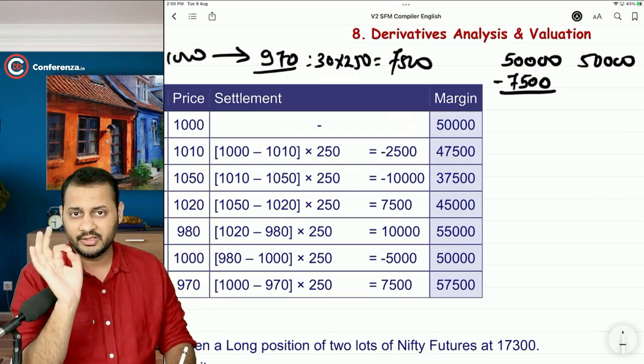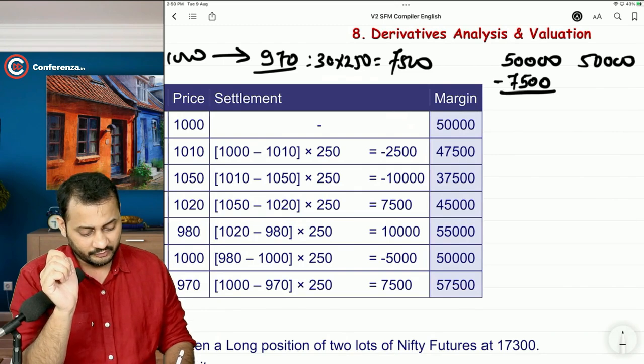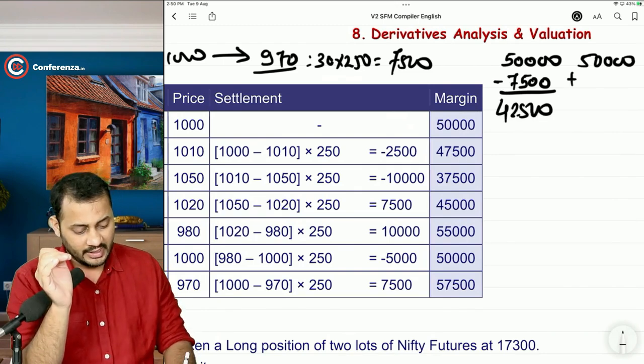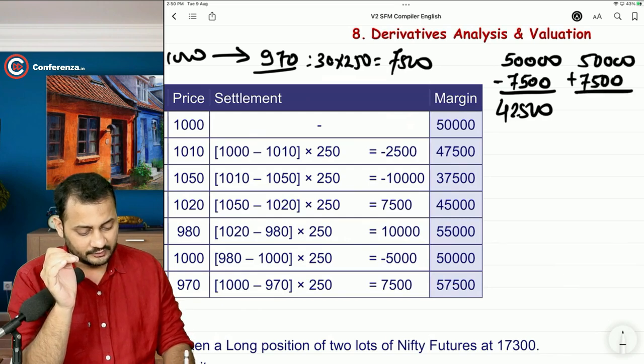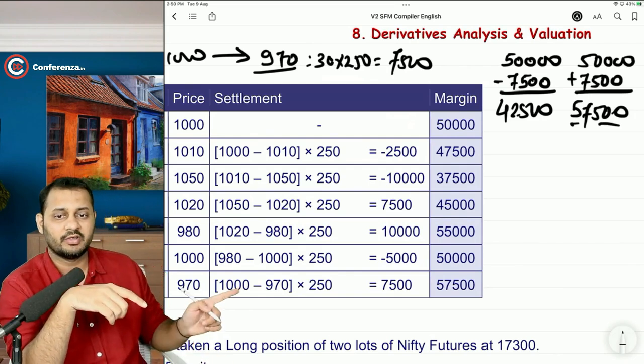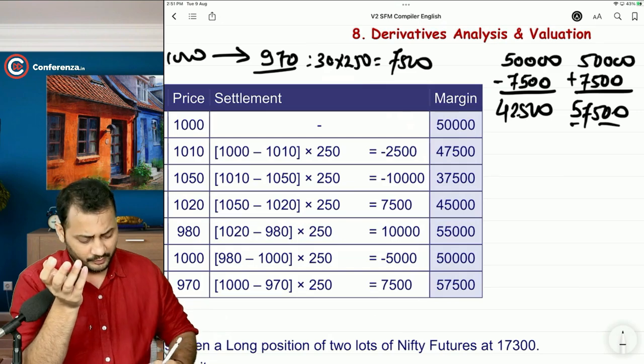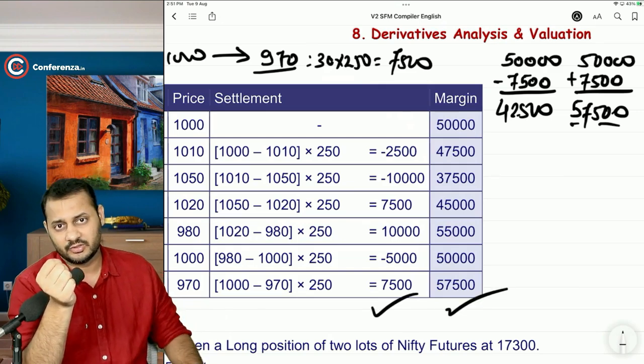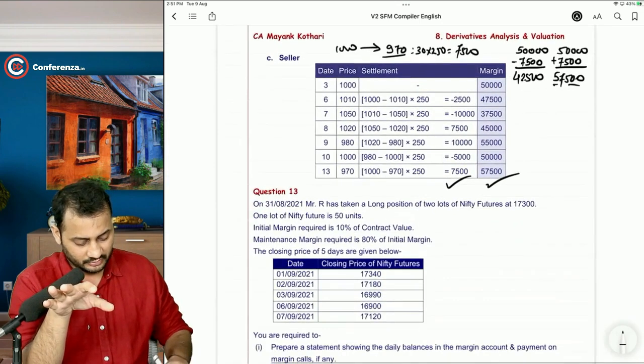In total, there will be a deduction of 7,500 from the buyer's account, and the buyer will get back his money, 42,500, and the same kept on adding in the seller's account. And the amount that the seller is going to take home is 57,500. So this is how the profit and loss is adjusted in the margin account. Do you understand this logic?